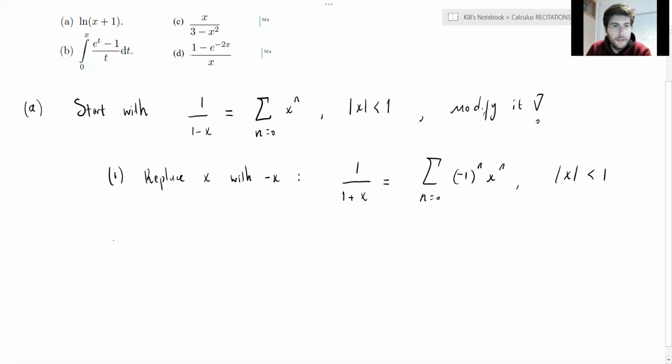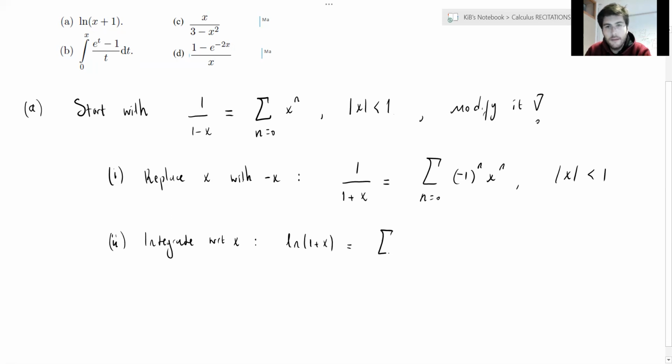And if you integrate this, integrate both sides with respect to x, what you have, of course, is ln(1 plus x), the logarithm.